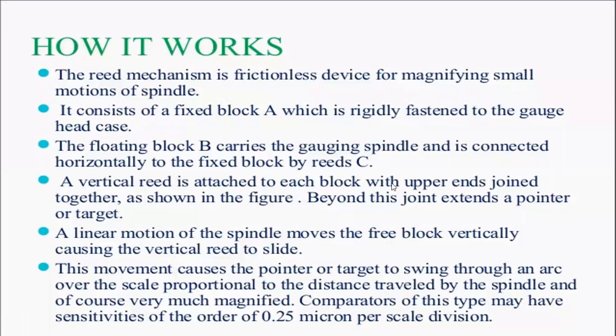Then this reed type mechanism is a frictionless device that is used for magnifying small motions of the spindle. By measuring the small motions of the spindle, we magnify this element.